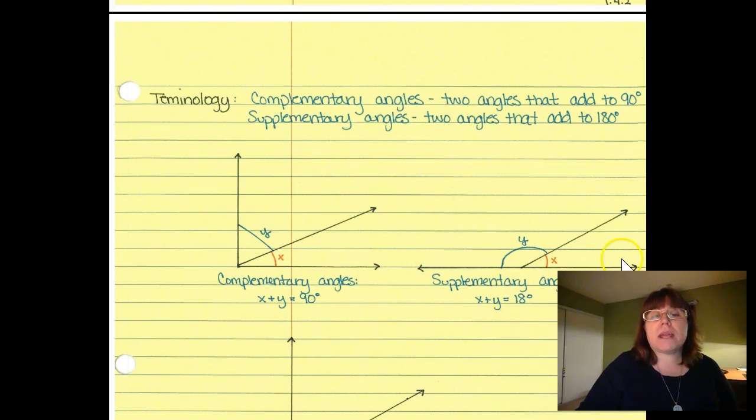If I have a straight line and I've divided up that straight line into two different angles, those two angles are supplementary angles and they add to 180. Why? Because if I went all the way around, that's 360. Well, I only went halfway, so that's 180.